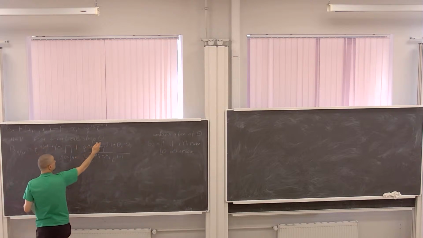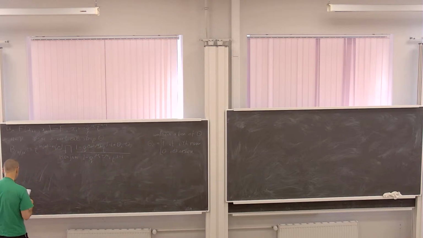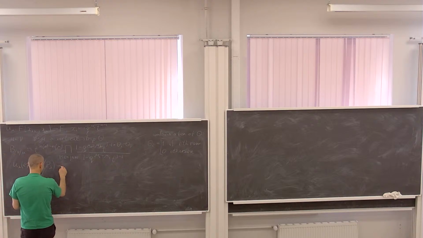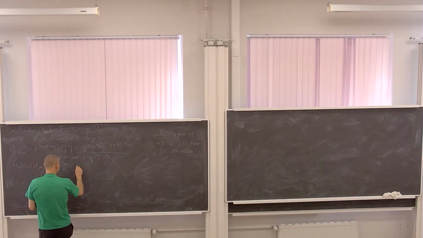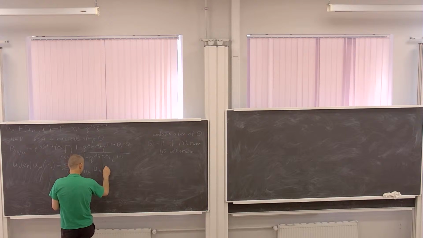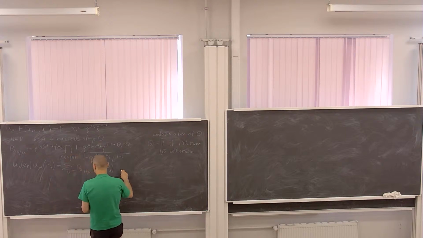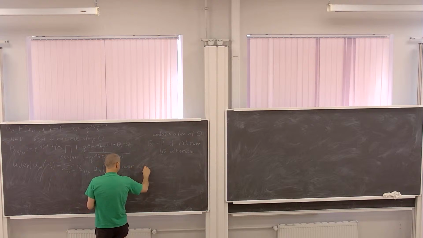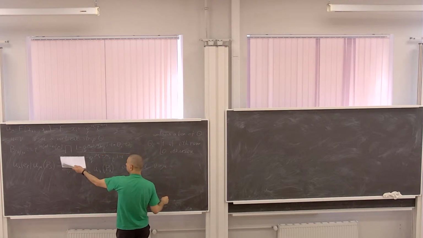It's a vertical strip, so it has at most one box in each row. Then we proved that the specialization of the elementary symmetric function u lambda times mu specialization of the Macdonald polynomial is equal to the sum of b nu mu specializations u nu of p lambda, the sum over all nu containing mu as above.